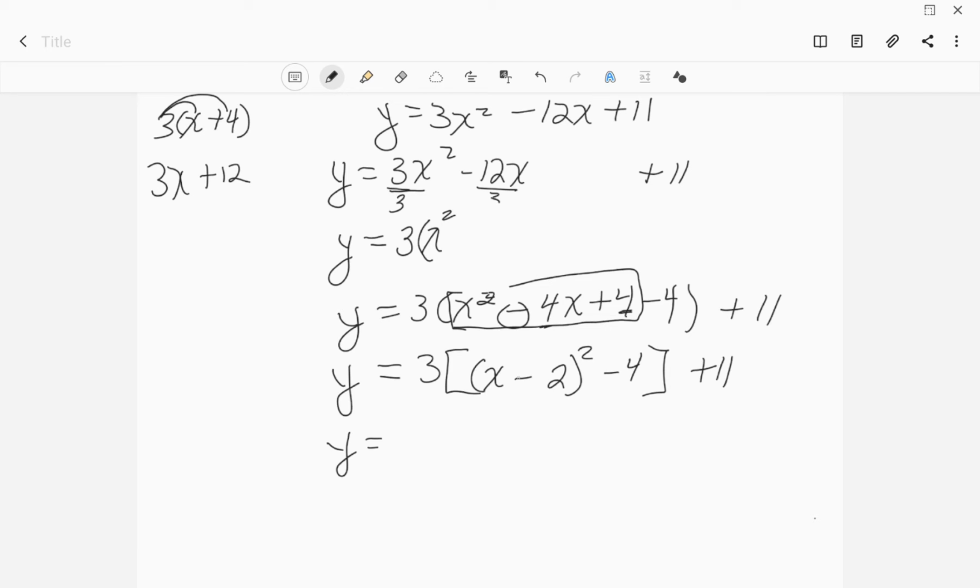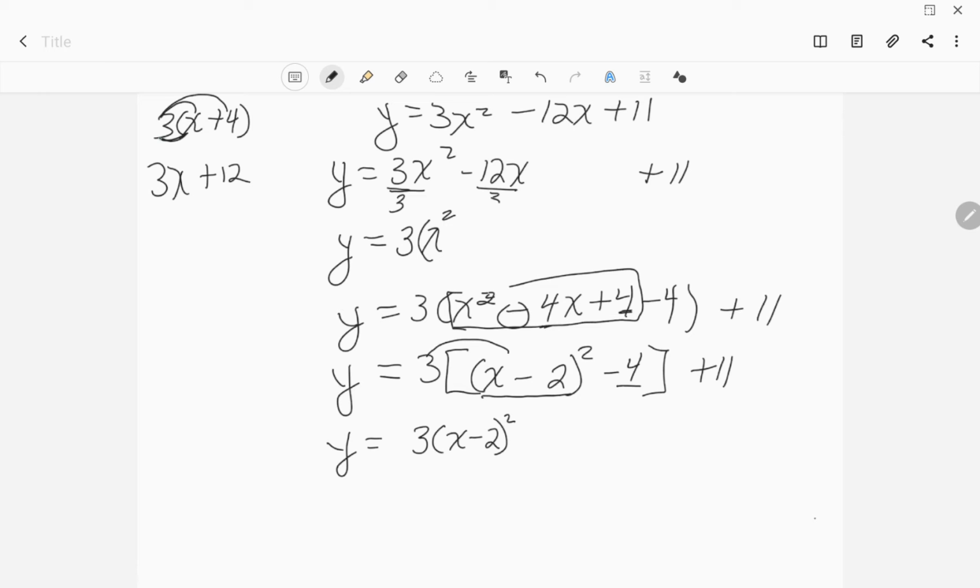The same rule applies here, but you have an x minus 2 squared, that's one piece, and you have the negative 4, that's another piece. So just like up here, when you multiply 3 with x, you don't really do anything, you just write 3x. When you multiply 3 with x minus 2 squared, you don't really do anything, you just put the 3 out in front.